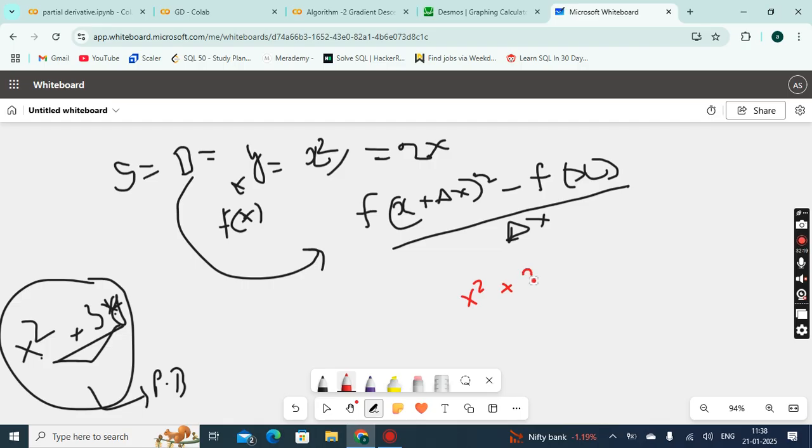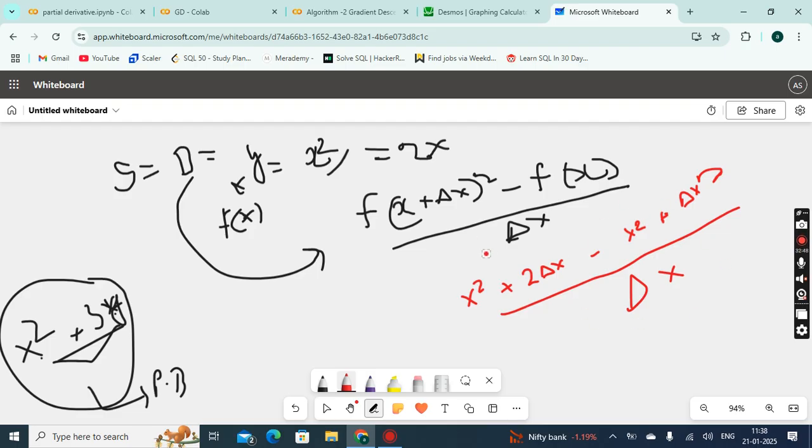So a plus b gives x square plus 2x del x plus del x square, minus x square, divided by del x.